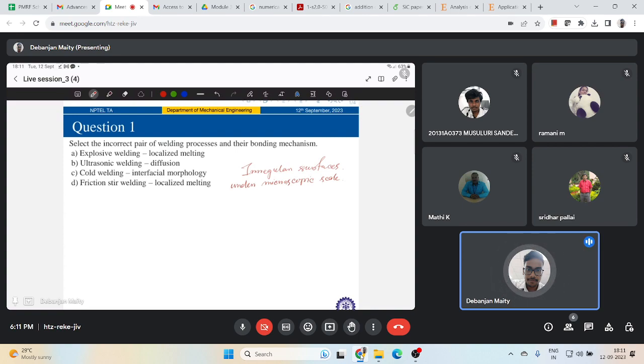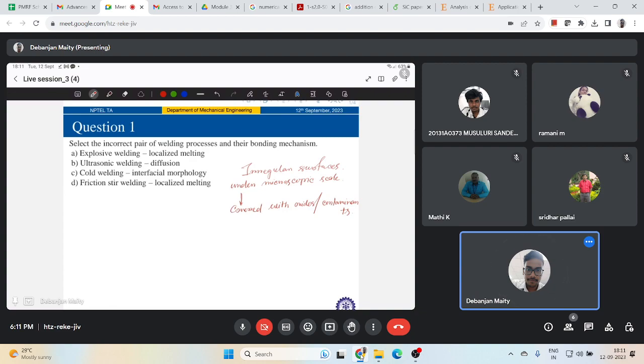Those surfaces can be covered with some oxides or contaminant films. There can be some compositional irregularities also.